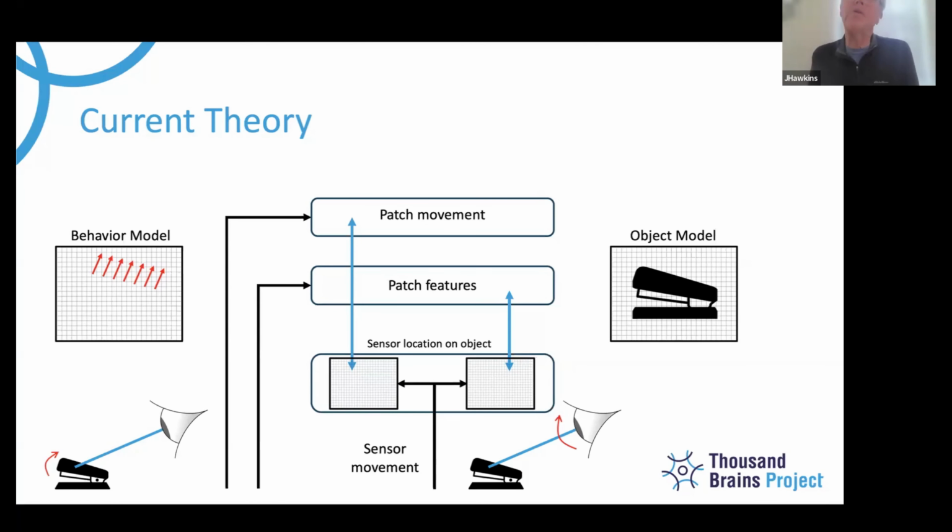So if there's a part of the stapler that's not moving, it's not going to say anything about it. You could have a behavioral model which is just a deflection plate. That's not going to tell you what a stapler is or what a stapler shape is. It does nothing about that. It just says within this local area, a set of changes can occur, and I can learn that set of changes over time.